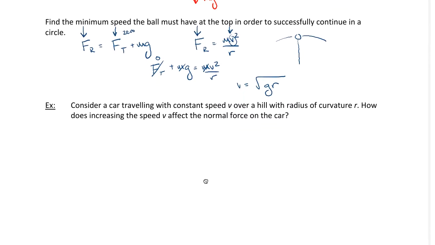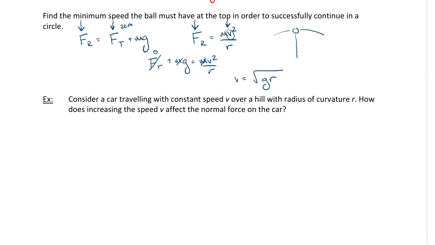Let's turn this around a bit and think about a car traveling with constant speed over a hill with radius of curvature r. So here's my hill, and now I've got a car traveling over it. And the centripetal force in this case is given by the weight minus the normal force. The normal force is going to be pointing upwards.